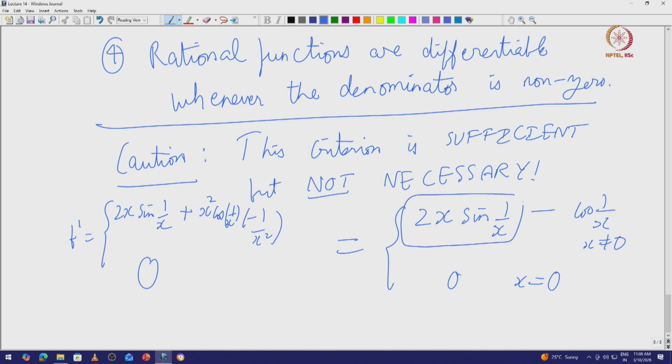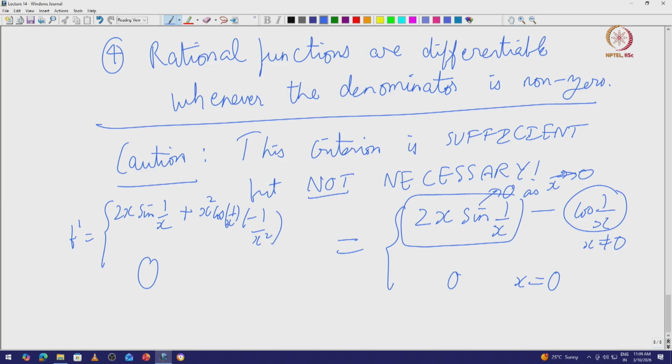This goes to 0 as x goes to 0, no problem with this. The problem is with this. This keeps oscillating. For example, if you take 1 divided by x to be equal to, so cos oscillates, right?